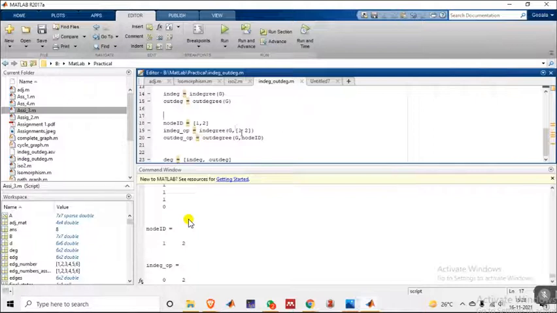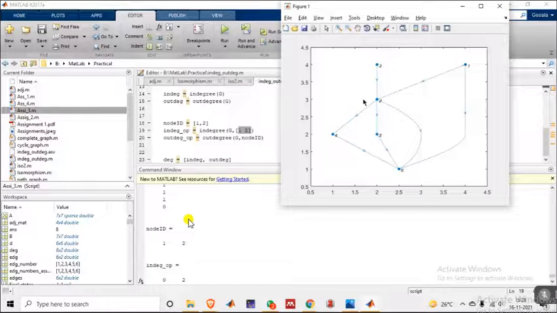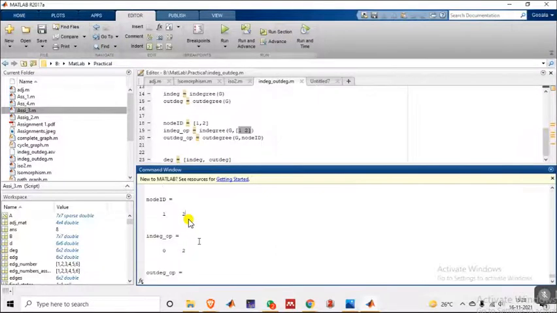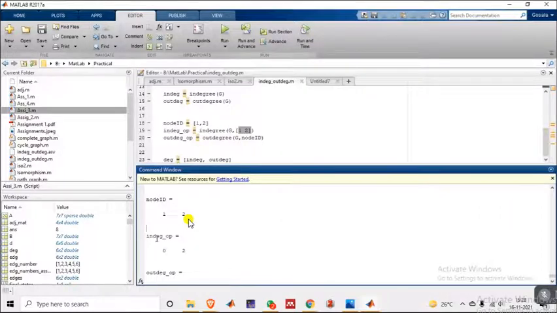So for the in degree of the edge 1, 2, you can see the in degree of 1 from the graph G is 0. Similarly, the in degree of 2 is 2, because edges are coming from this and this. So I have given in degrees for the particular points. For 1 and 2, it is 0 and 2.